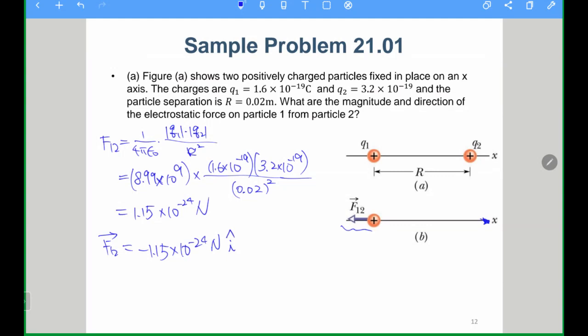This is the first answer. I would like to let you know that i hat, j hat, and k hat denote these three unit vectors in the Cartesian coordinate system.